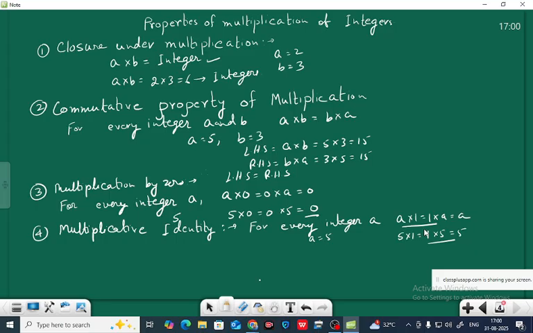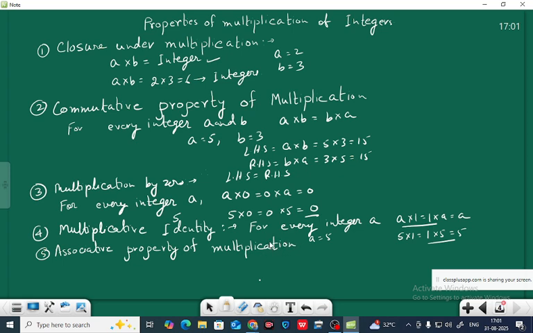And the next one is associative property of multiplication.